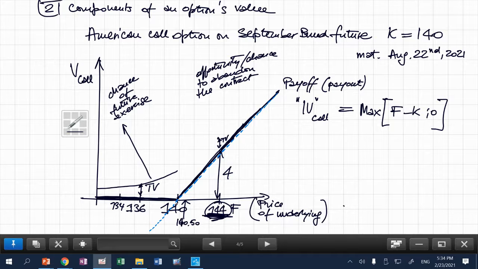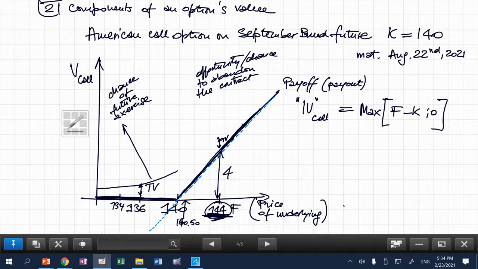In which of the two cases is the risk of abandoning larger? If the future quotes 140.50. So having the chance to leave the contract if the market drops below 140 has a lot of value when you are close to 140 and less value when you are more and more distant and the chances to abandon are close to disappearing. Is that okay?